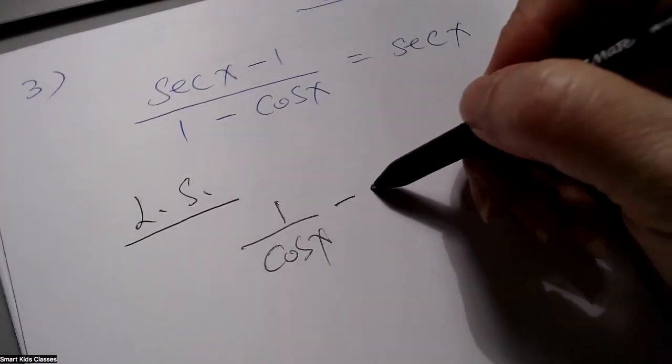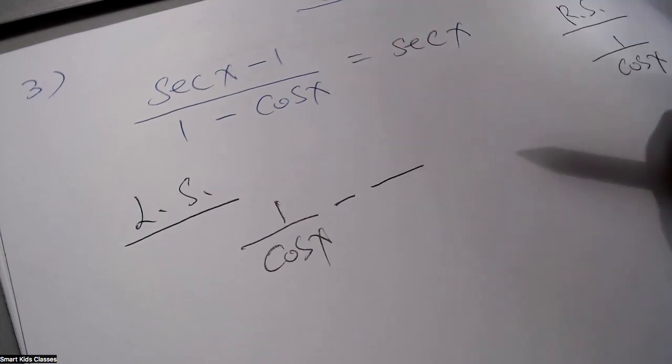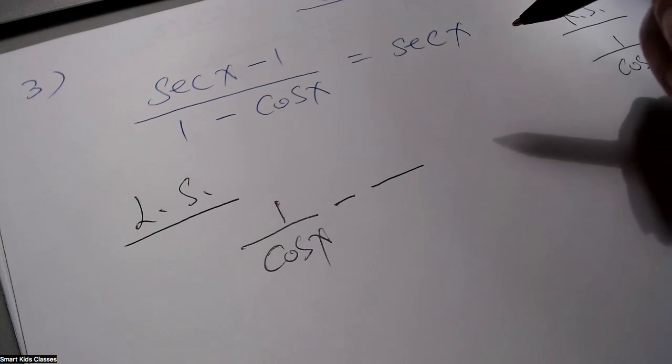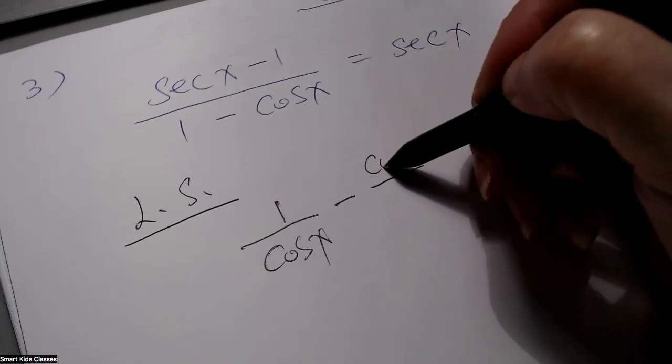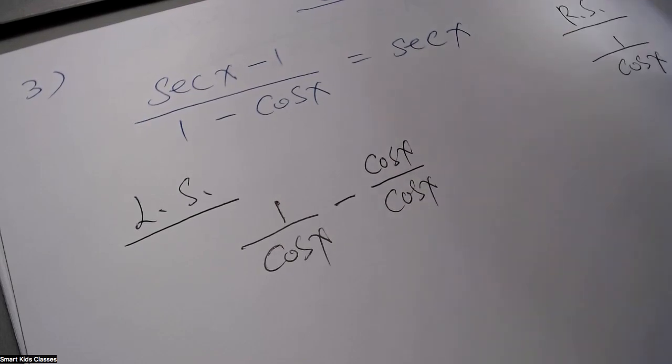So minus 1. The 1, we are going to put as cosine x over cosine x.